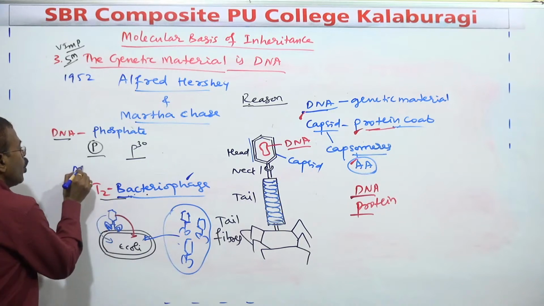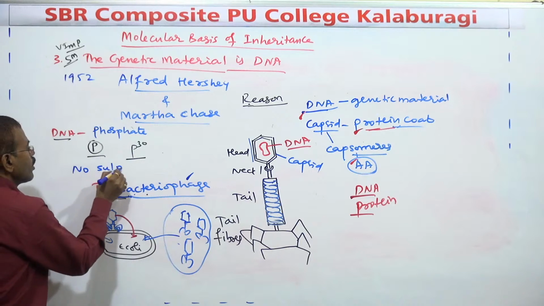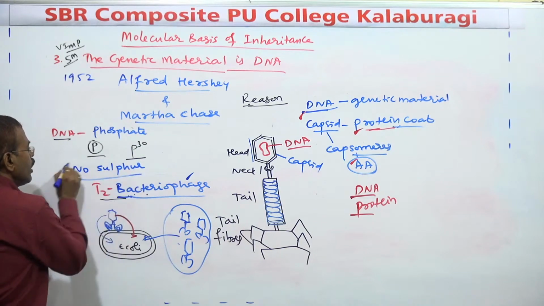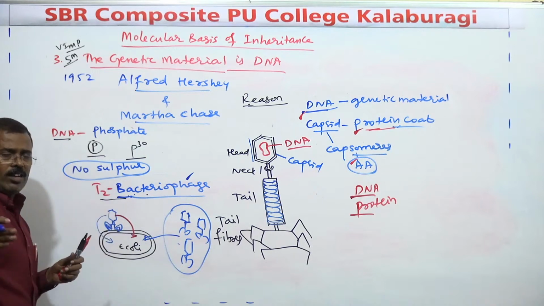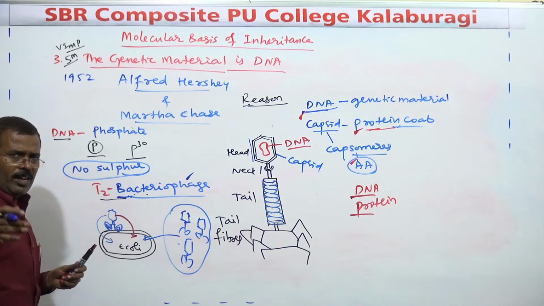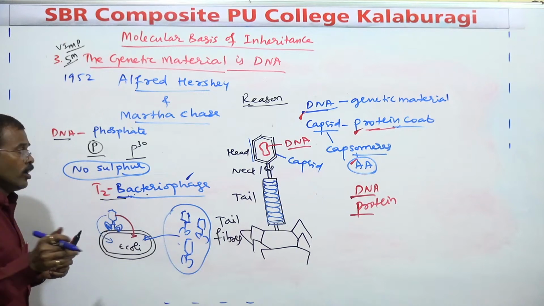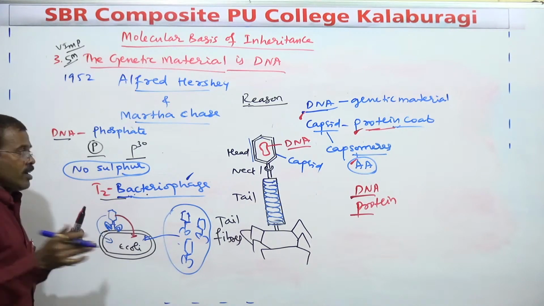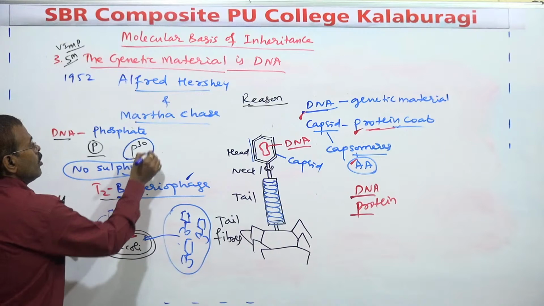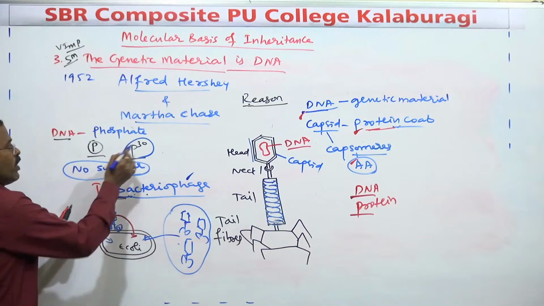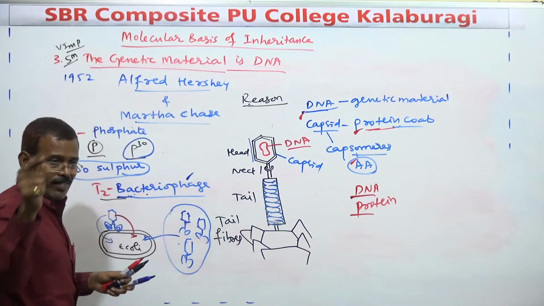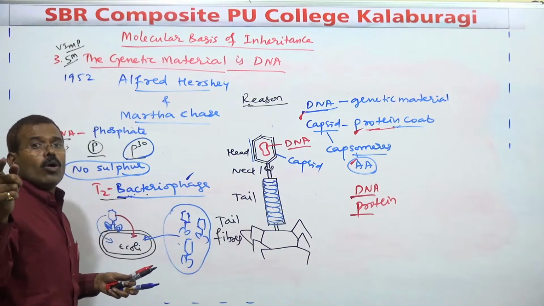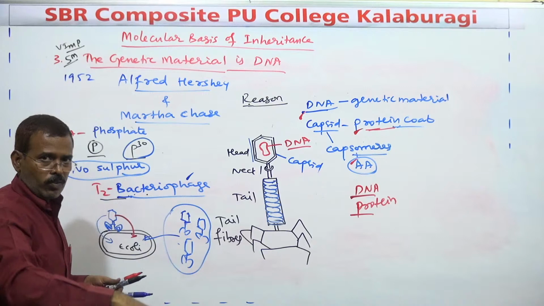In the DNA, no sulfur. DNA has phosphate. It has deoxyribose sugar, it has a nitrogen base, it has phosphate. So normally DNA has normal phosphorus. For their research work, they radioactively labeled that phosphorus.